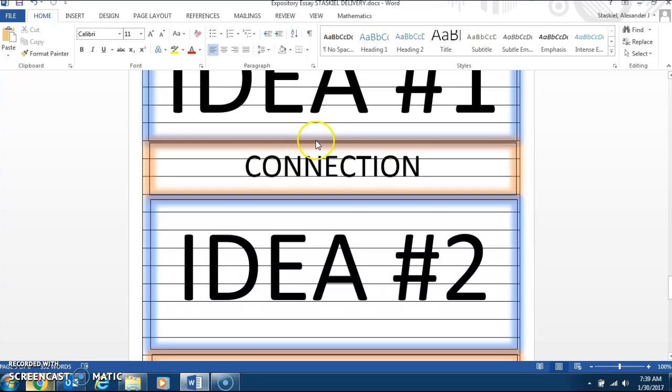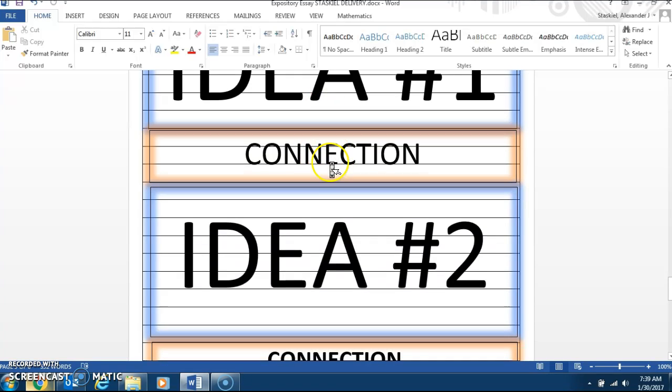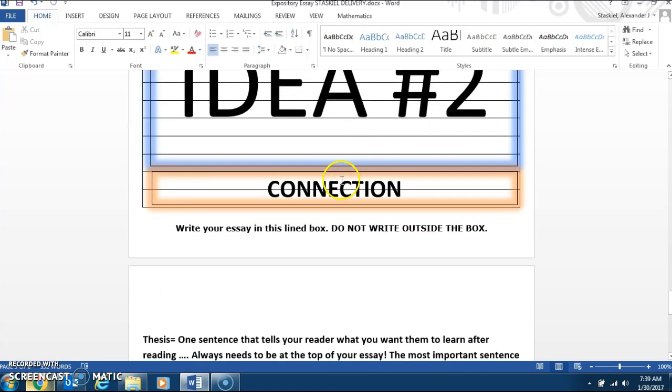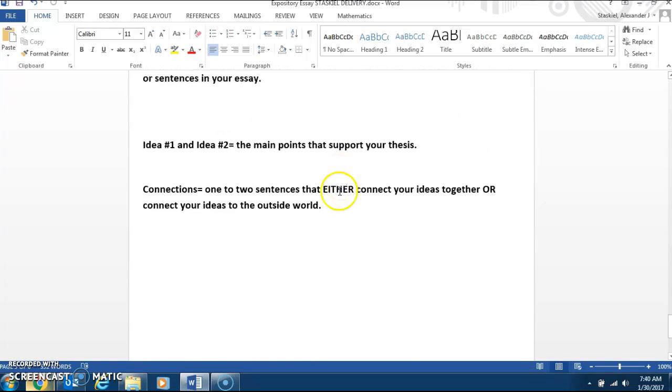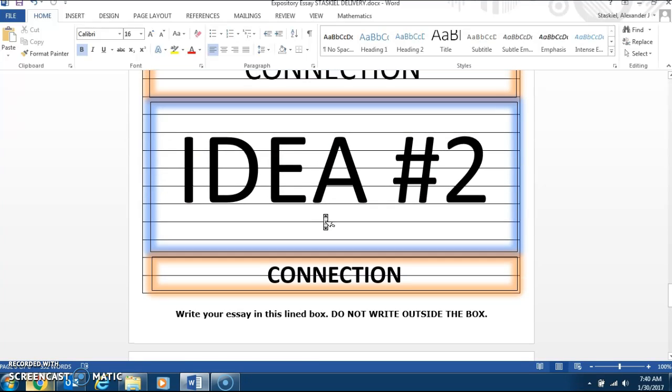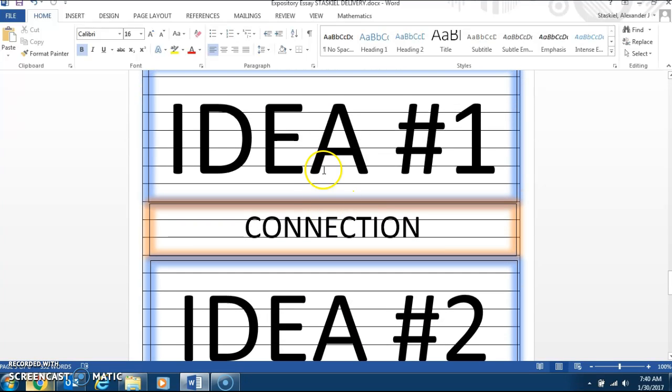Now, in between my ideas, I have this thing called a connection. Connection here, and a connection here. Connections are 1 to 2 sentences that either connect your ideas together or connect your ideas to the outside world. They're super, super important. So if I feel like idea number 1 and idea number 2 can be combined, I write 1 or 2 sentences here that connect them.